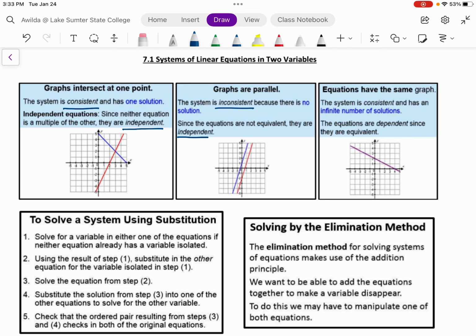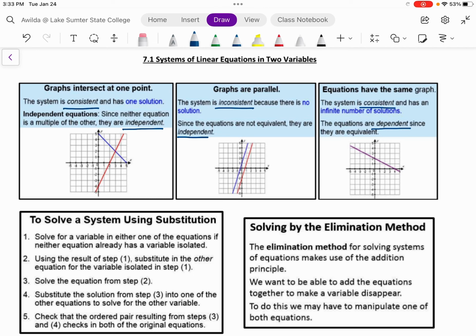In fact, there are infinitely many solutions. Every point on the line is a point of intersection and therefore a solution. In this case, we say that the system is consistent because a solution exists. There's just infinitely many of them. But because the two equations represent the same line, not distinct lines, we say that the system is dependent.